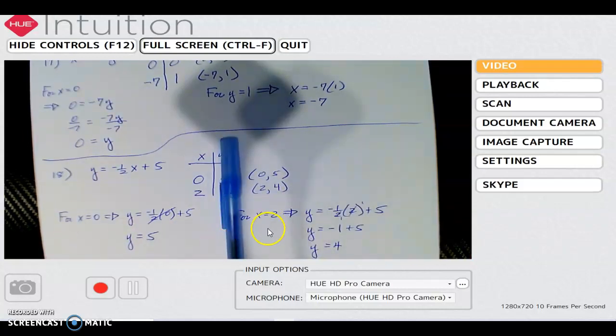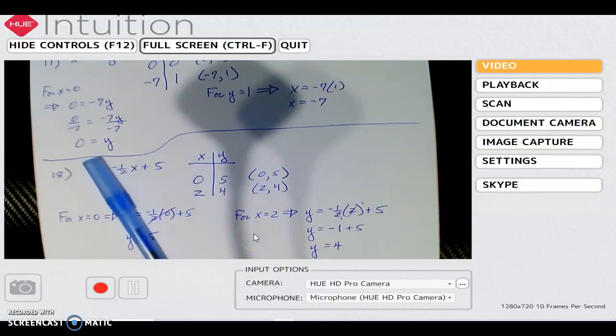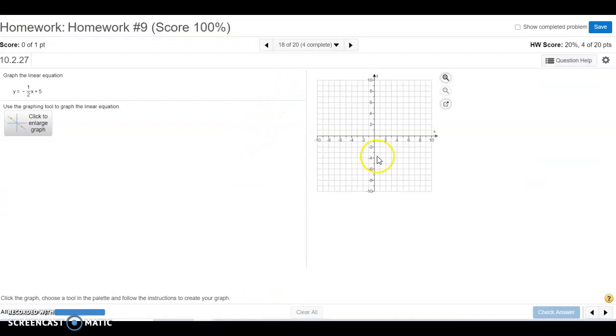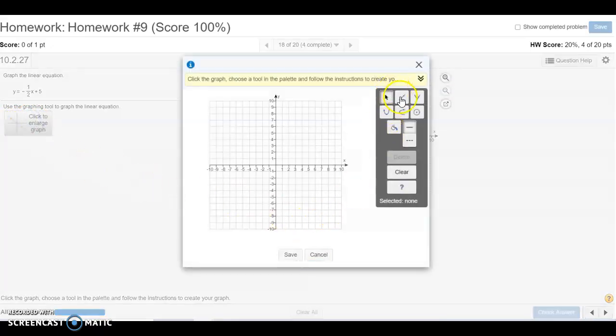Okay, so back to MyMathLab. And plotting the 2 points, 0, 5. Let me click to enlarge, grab the line tool, 2 in the X, 5 in the Y. Again, you could look at the right of the yellow banner in the corner. There's 2, 5 as a point.